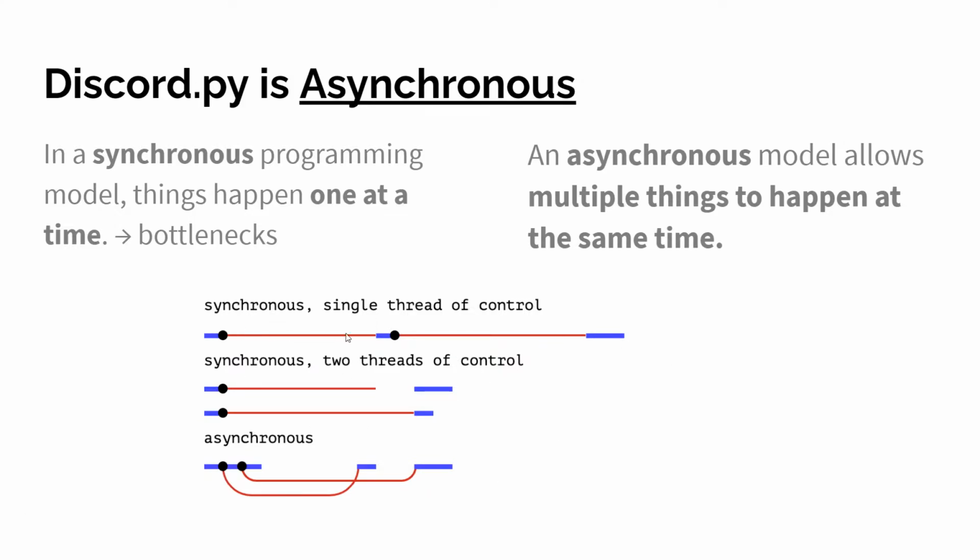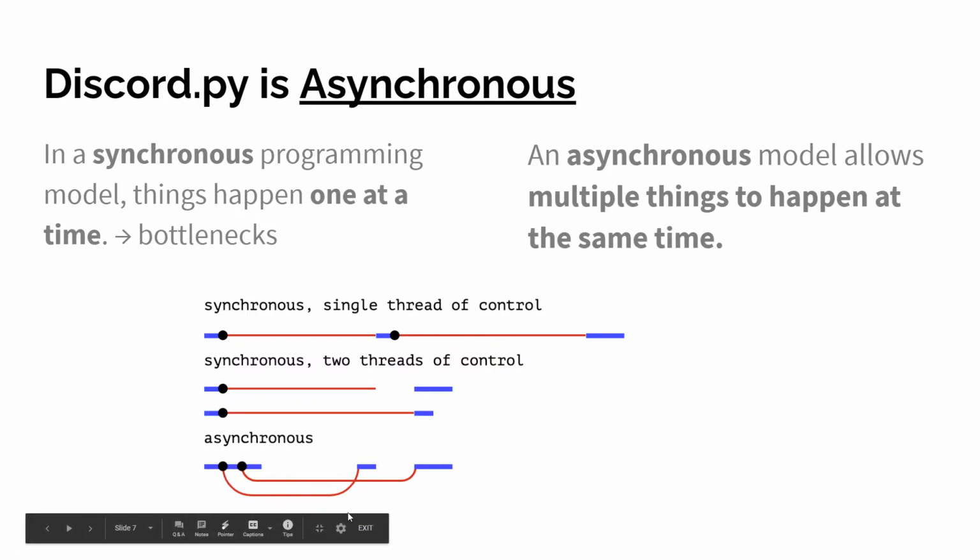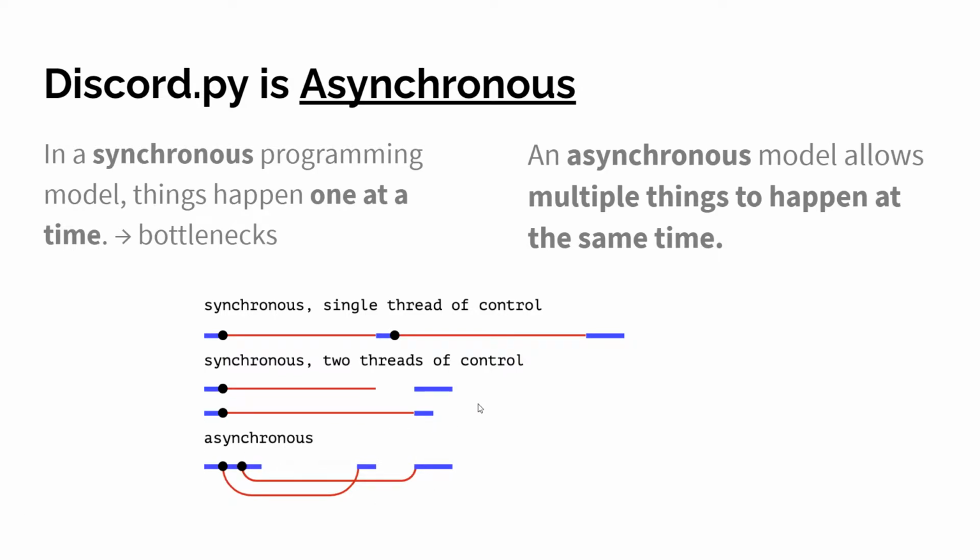See how this line is much longer than this one, so the time to run this command is much shorter. For Discord.py, this is really important because when you do certain commands, there's latency because of your internet connection, so things don't happen instantaneously. There's going to be some lag.